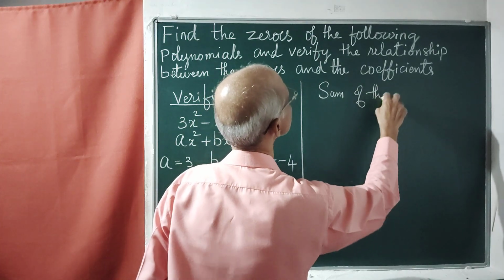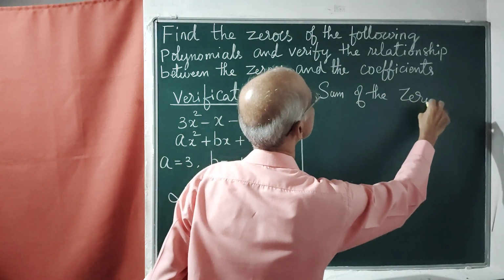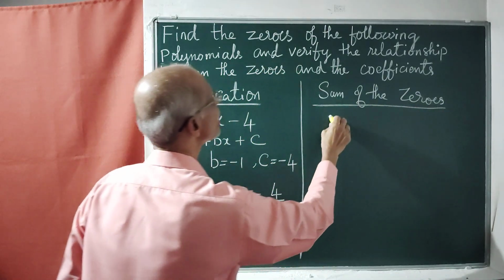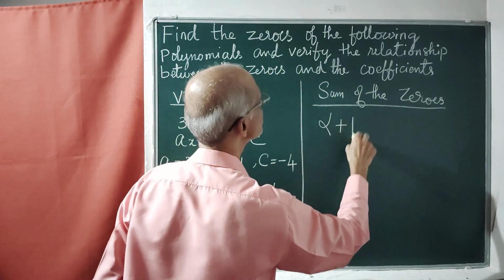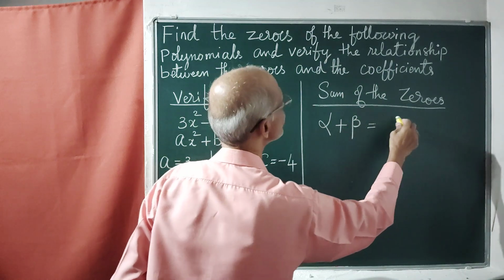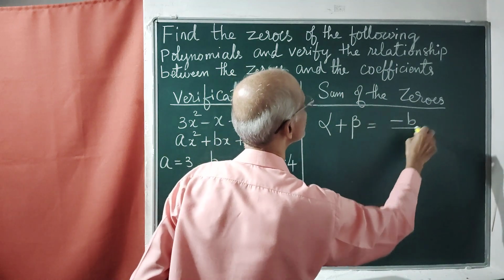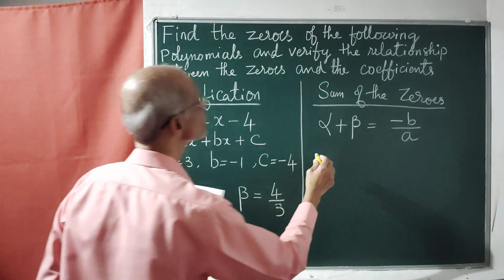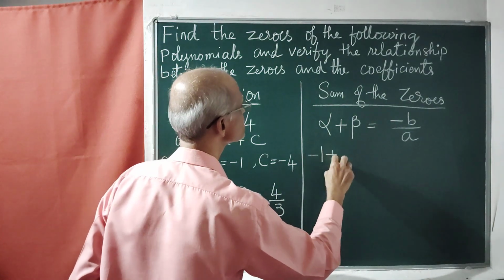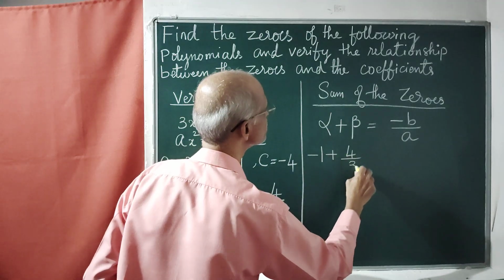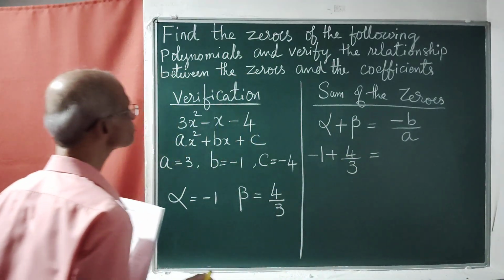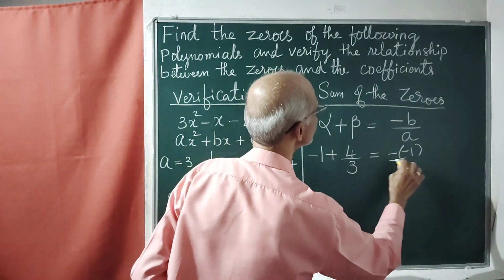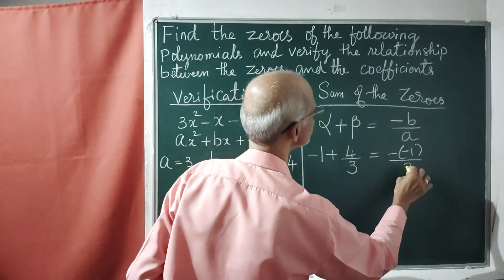Sum of the zeros. Alpha plus beta will be equal to minus b by a. So alpha plus beta, minus 1 plus 4 by 3, will be equal to minus of minus 1 the whole divided by 3.